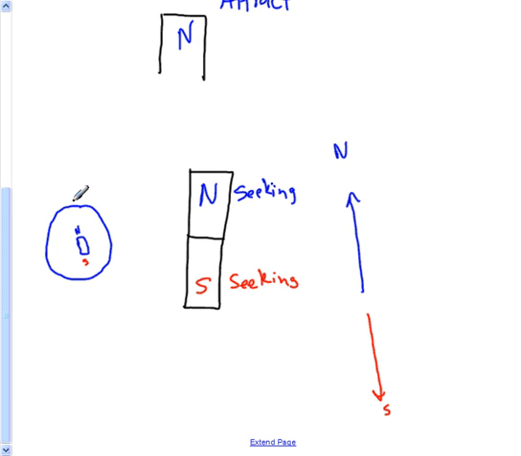Well, a north is attracted to a south, and a south is attracted to a north. So the Earth's magnetic properties are actually backwards from what we have set in our compass. The compass points north, but we actually call that the north side of the magnet. So this is kind of weird how in the north, at the top of the world, the magnetic pole is a south pole.